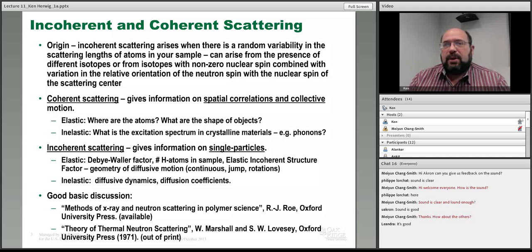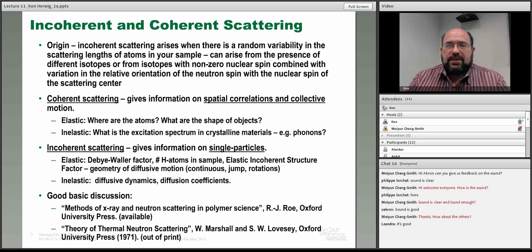One is if there are different isotopes of that element present, or in the case where your atom has a non-zero nuclear spin and there is a random variation in the orientation of that spin with respect to the nuclear spin of the neutron beam. In both those cases, you'll get an incoherent scattering contribution from your sample, and there are different types of information encoded in that signal as opposed to coherent scattering.